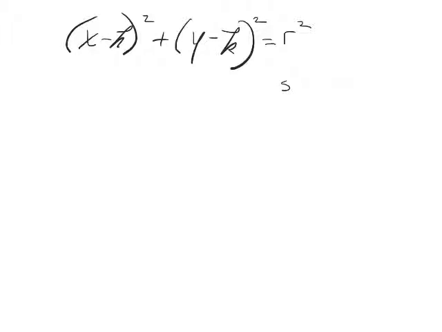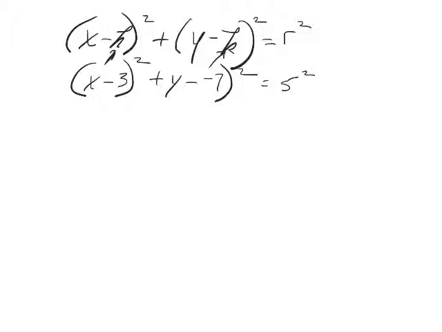So we're going to replace the radius with 5. And it also says that the center is 3. So remember, these are the center coordinates. So x minus 3 plus, and it says, let's see, what's the other one? Negative 7. Y minus negative 7.